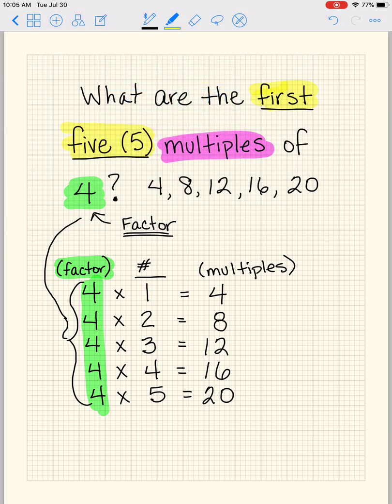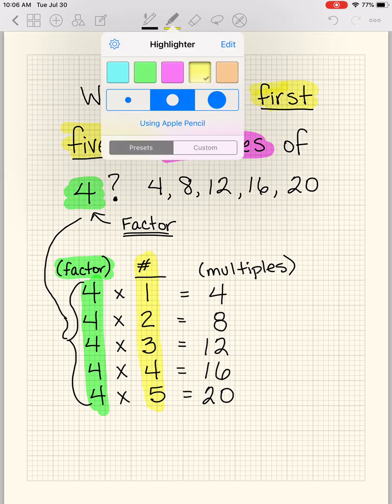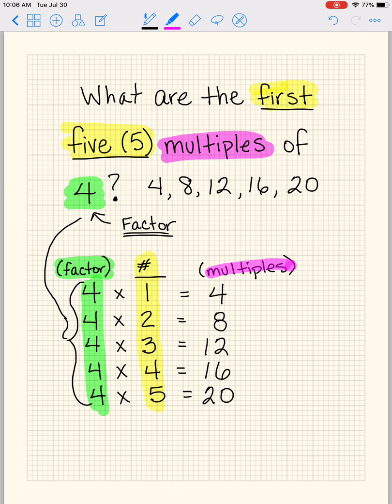The first 5, so that's how many of those multiples we're looking for. So that's what you're multiplying by 1, by 2, by 3, by 4, and by 5. And finally, you have your list of multiples: 4, 8, 12, 16, and 20. So this is a strategy that you can use to help you find the first however many multiples of a given factor or a given number.